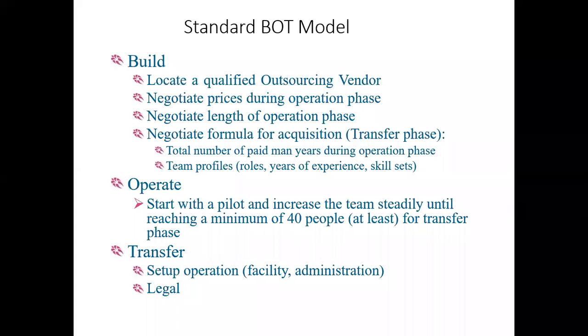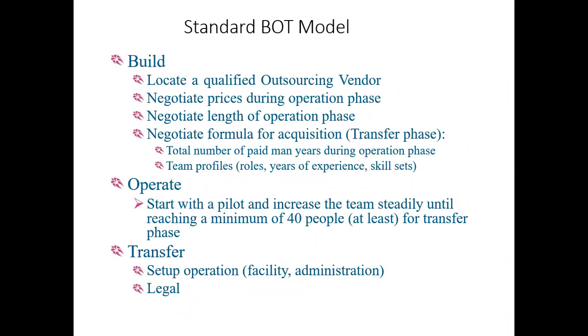Then if you are going to the operate side, that is the second point, operate side: start with a pilot and increase the team steadily until reaching the minimum of 40 people at least for transfer.